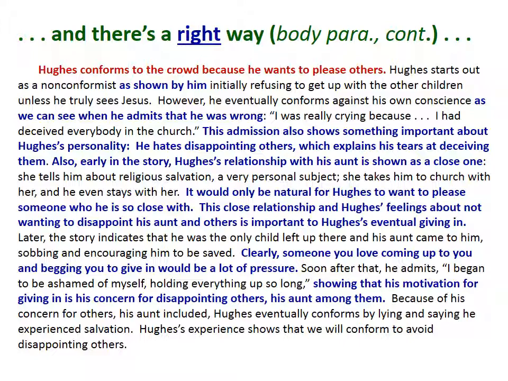"It would only be natural for Hughes to want to please someone he is close with." So you see how that connects that evidence to the topic sentence? If you'll just remember that rule of thumb, every time you present a piece of evidence, give an explanation for how it connects back to that point. That way, there's no doubt in the reader's mind why you're using that piece of evidence.